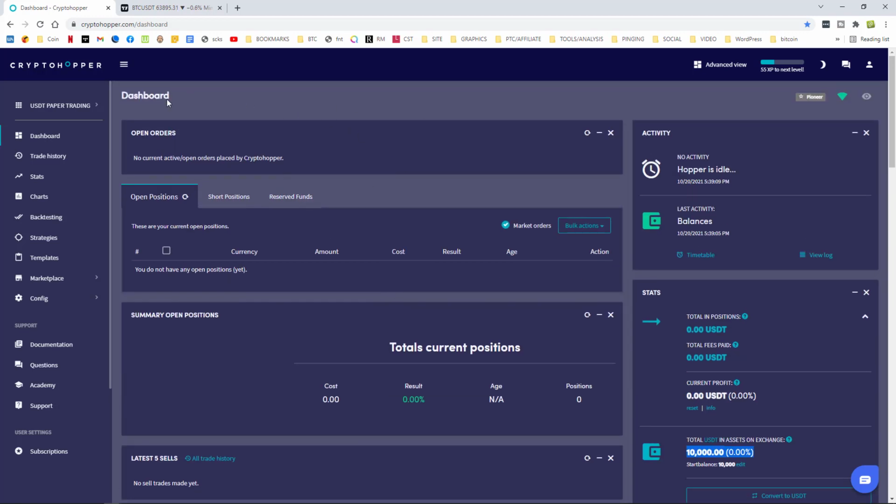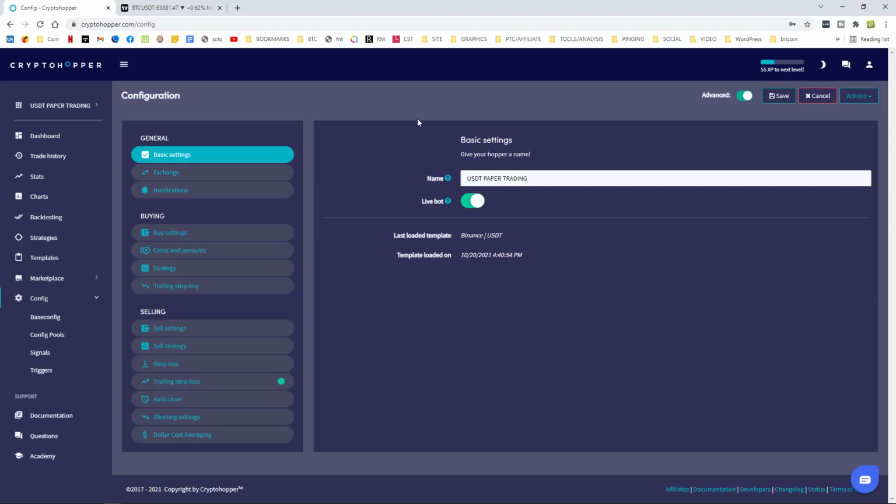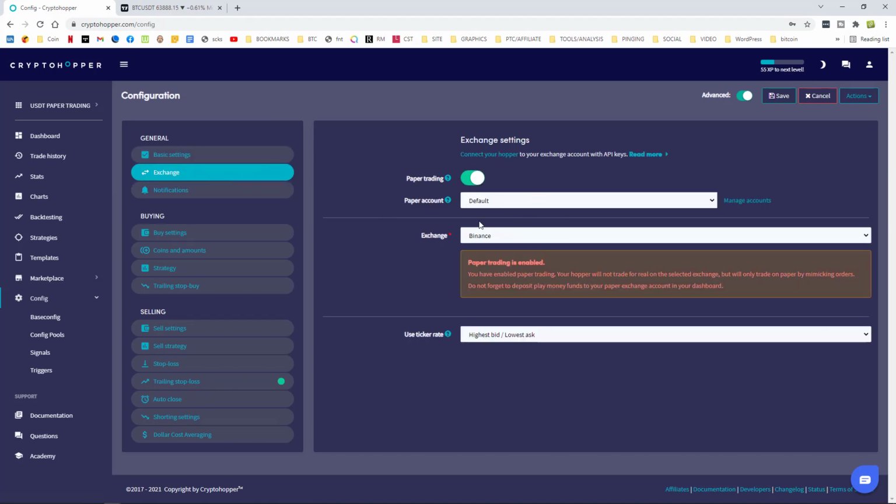And I'm going to go to Config. I'm going to set up the bot to tell it how much it's allowed to spend. Alright. Basic settings, paper trading, live bot, all switched on. Exchange, default, paper trading switched on.